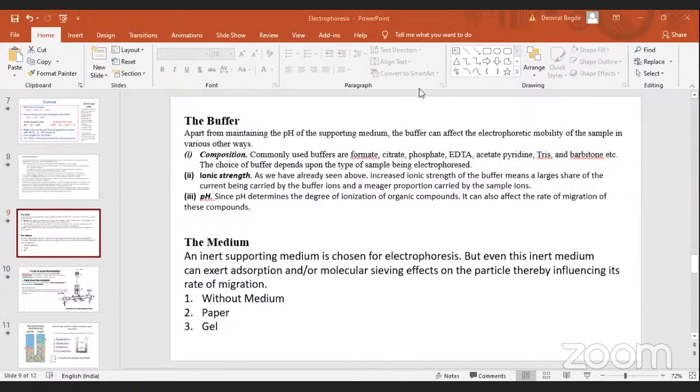And apart from that, we also talked about the external factors which might control the electrophoretic mobility of the molecule, major of which was the applied electric field. And within applied electric field, how voltage, current, resistance, and associated temperature variations can affect the electrophoretic mobility, that also we considered.